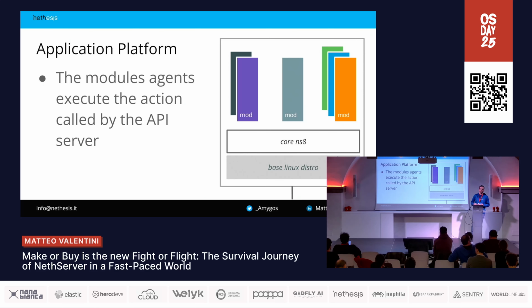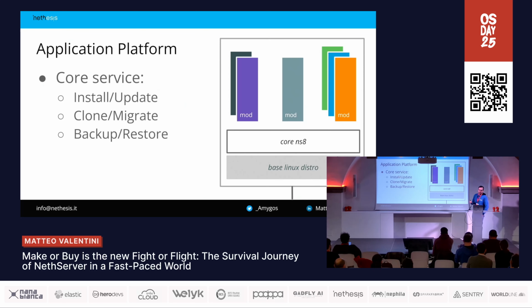So, for example, if we want to configure one module in one node, the API server will send an action through the Redis database to the module, for example NethCloud, with the action called configure-module and a JSON object with all the data for the configuration. Then the agent in the module will take the JSON object and execute all the scripts in the configure-module directory, passing that JSON object as input. And at the end there will also be a JSON object as output.